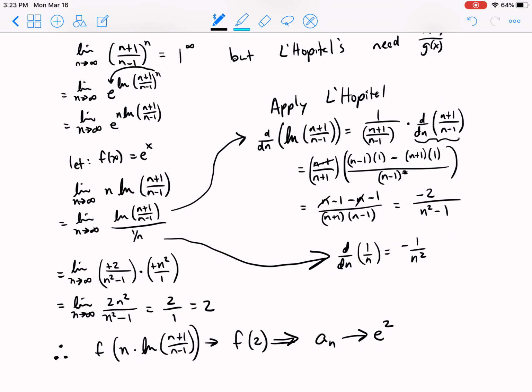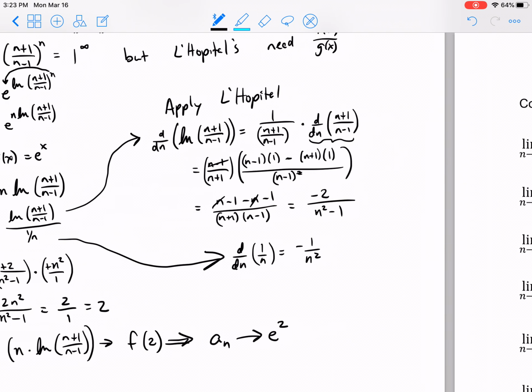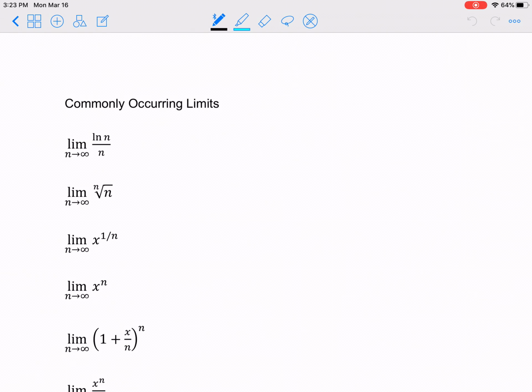All right, so again, if you have to, go back and look at that again, but there we go. It's going to e squared, because that's what our exponent went to. All right, so rewind, look at that again if you need to. I know that one was quite a lot all at once, but let's move on.